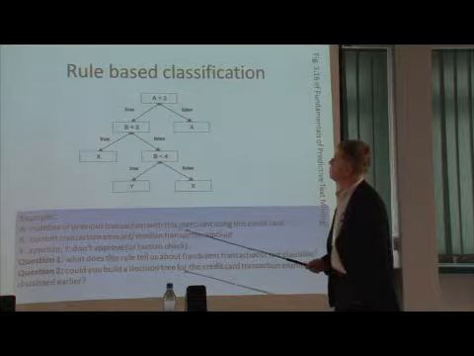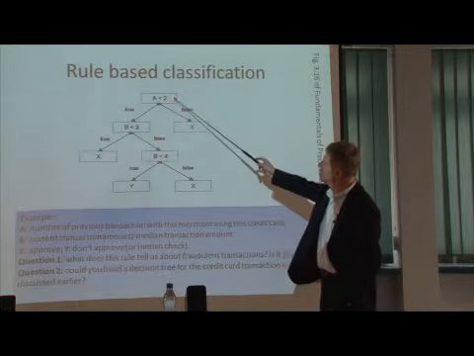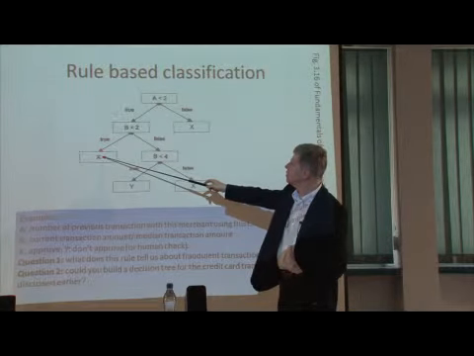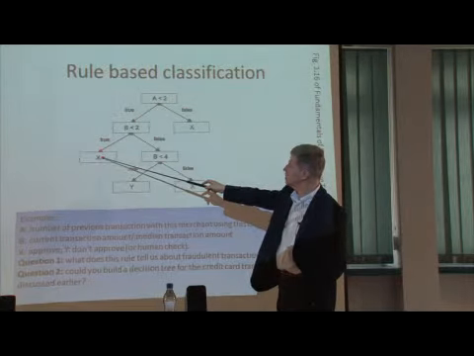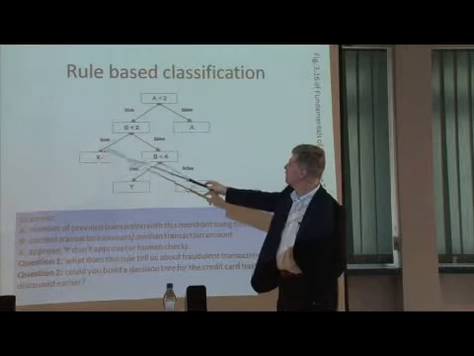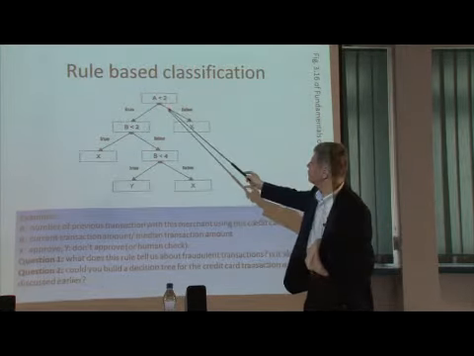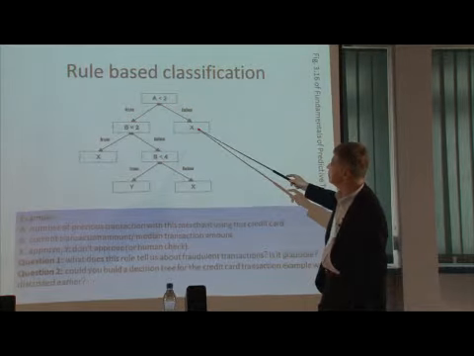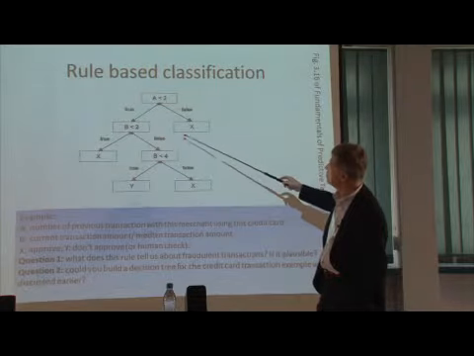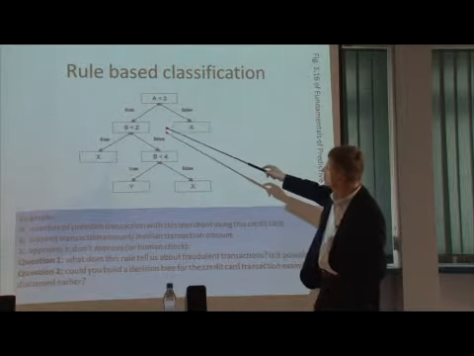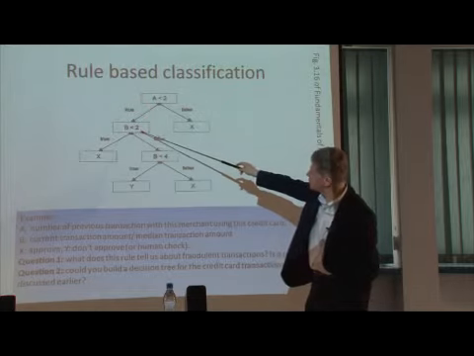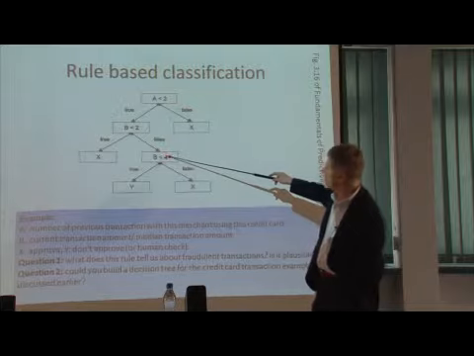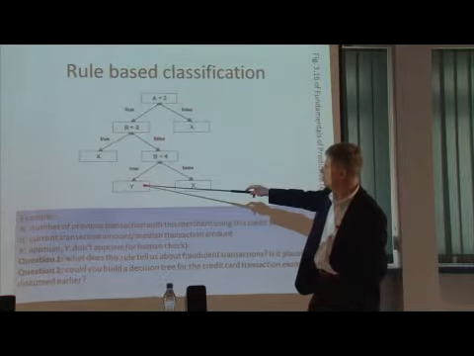So the rule would say that if we had few transactions and a small amount, then you can approve. Or if you had a lot of transactions, also approve. On the other hand, if you had few transactions and the amount is between 2,000 and 4,000, then don't approve.